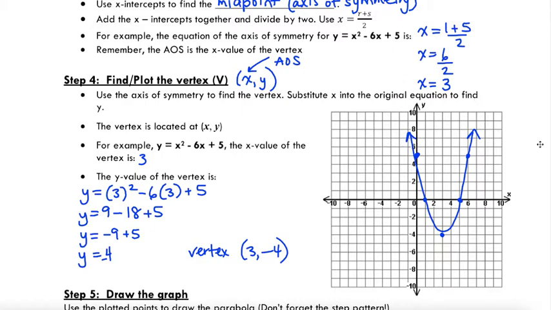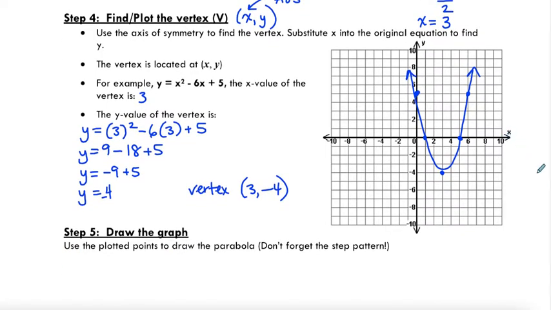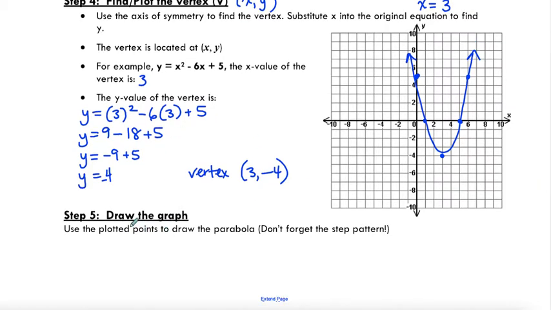Okay, so let's go through a few different examples. One thing that I wanted to talk about is, so we use the points to draw the parabola. And one thing is the step pattern.